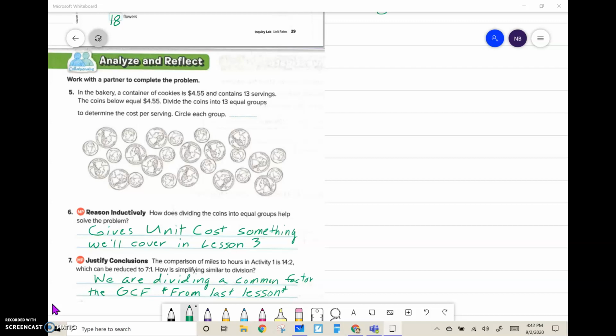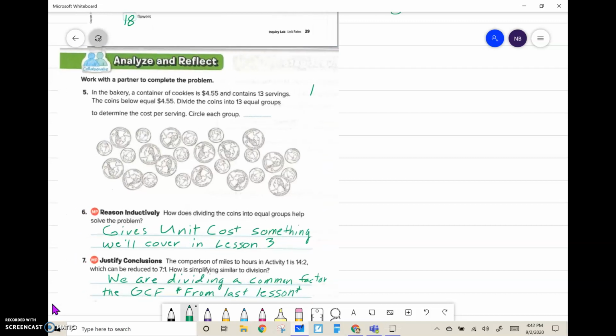Okay, number 5 worked a little bit different. They gave you all this change. If we look at that, we have 13 dimes and we have 13 quarters. You could go through here and circle each group, because we have an equal amount of dimes to quarters.